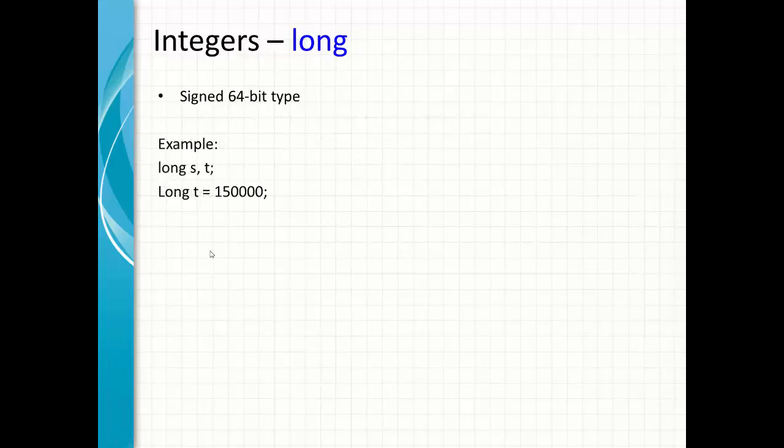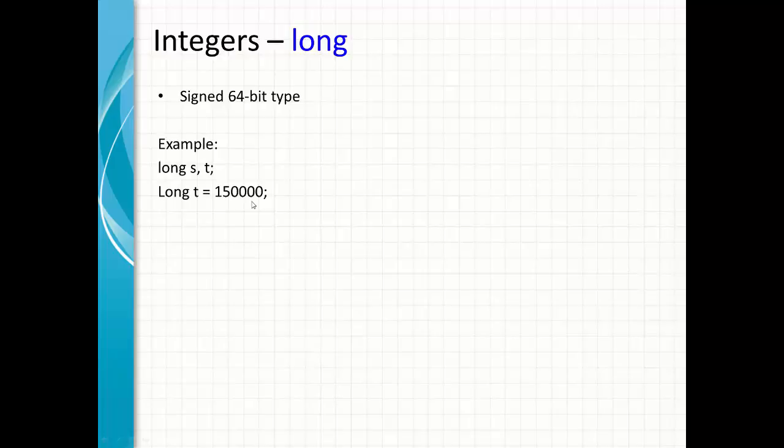In integers, the last one is long. As the name suggests, it can store 64-bit type of data, so basically 8 bytes of data. And how will you define it? Long t and then the value.